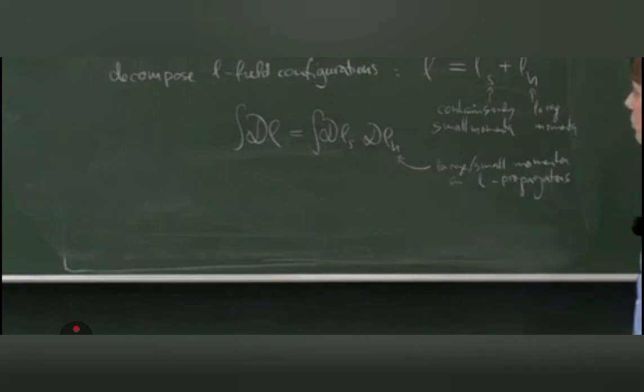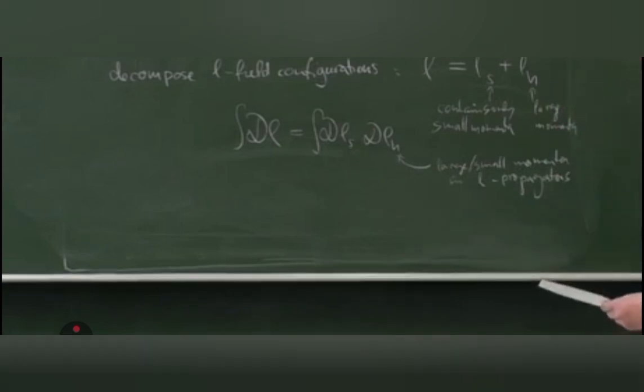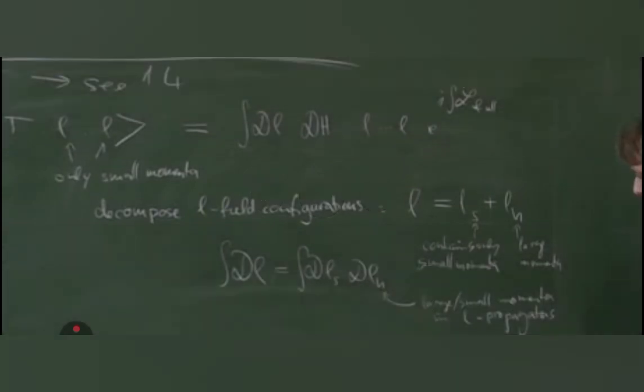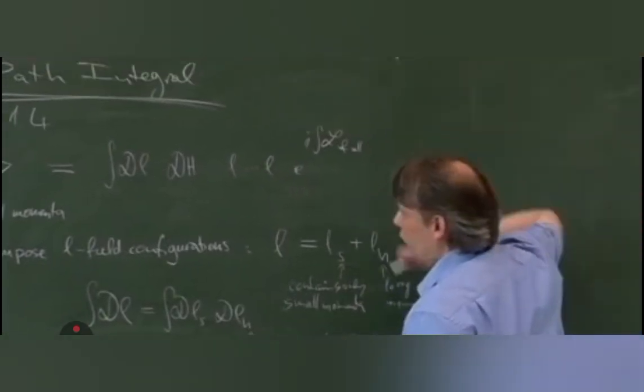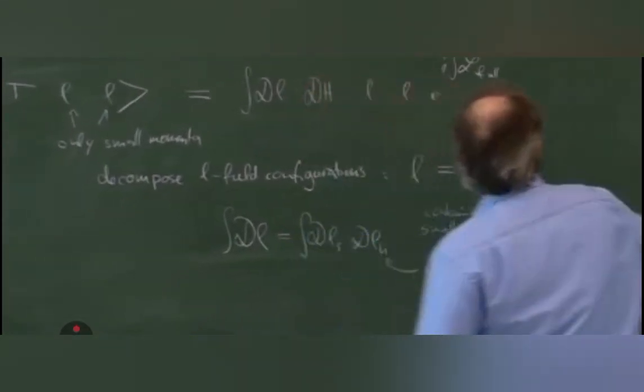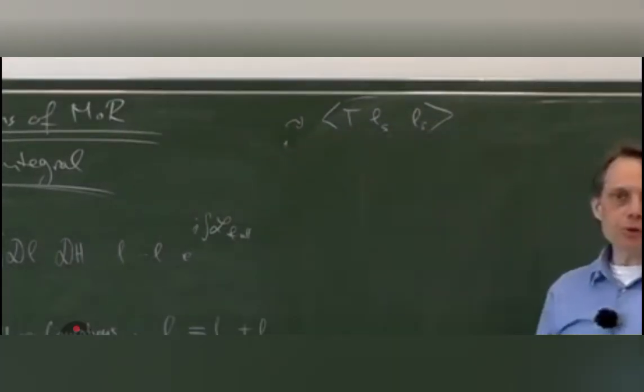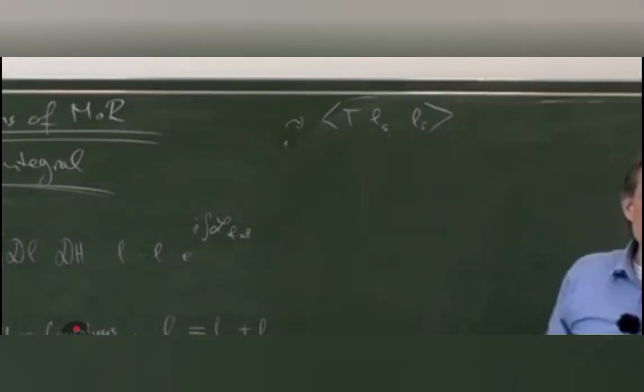So large or small momenta in the light field propagators. Therefore, the left-hand side of our expression now becomes a Green function where we only have the L_S variable, because we by definition allowed only small momenta.